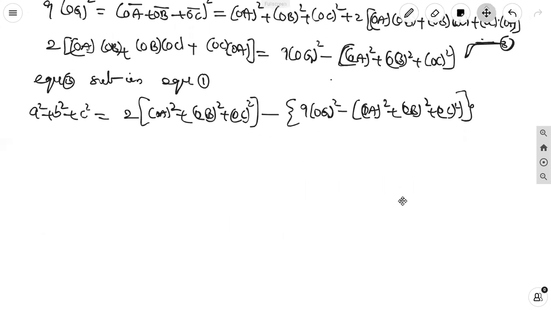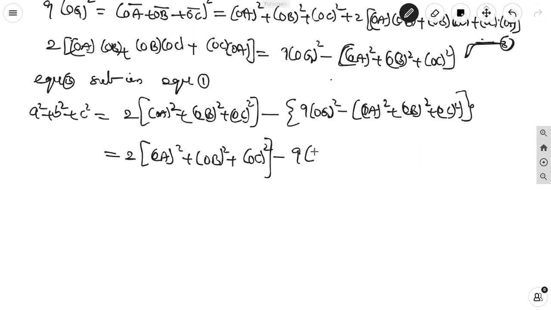Simplify. It is equal to 2 into (OA square plus OB square plus OC square) minus 9 into OG square, minus into minus plus (OA square plus OB square plus OC square).